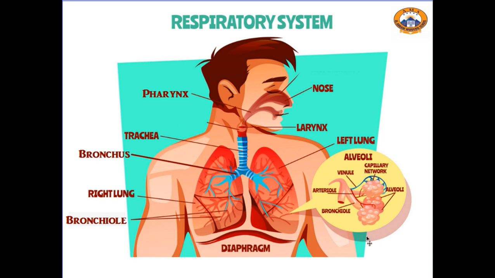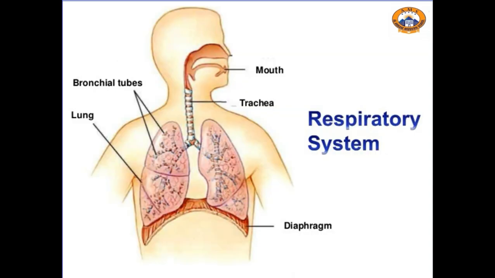Look at the alveoli. They look like balloons, tiny sacs filled with air, and they are known as alveoli or air sacs. The last part in the respiratory system is a muscle known as the diaphragm. We are going to talk about each organ in the respiratory system in detail.